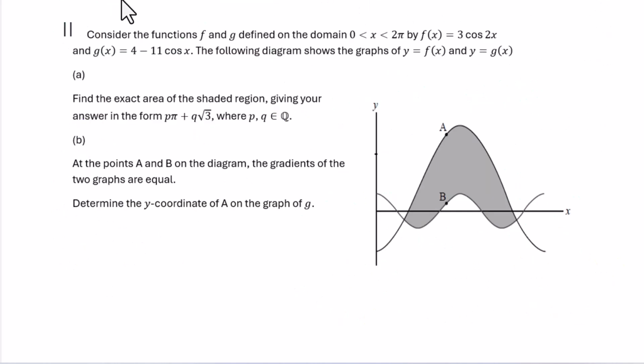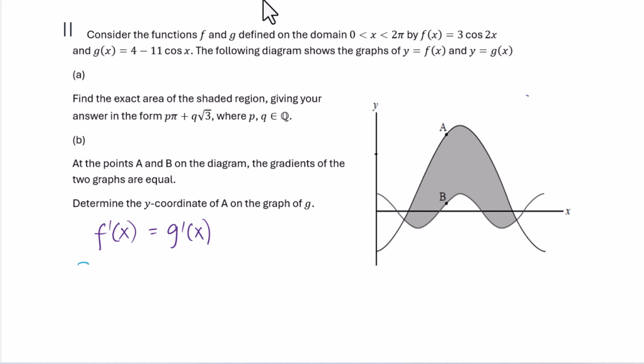Let's go to part B. At points A and B on the diagram, the gradients of the two graphs are equal. Determine the y-coordinate of A on the graph of g. F prime of x equals g prime of x.